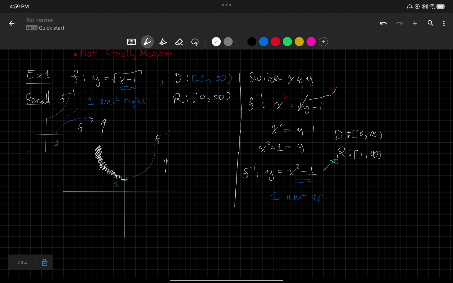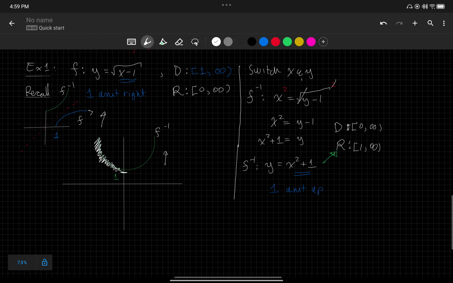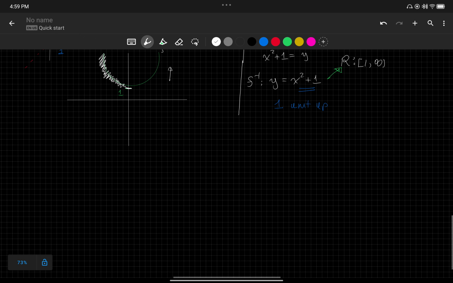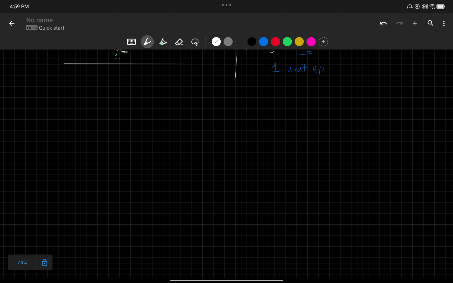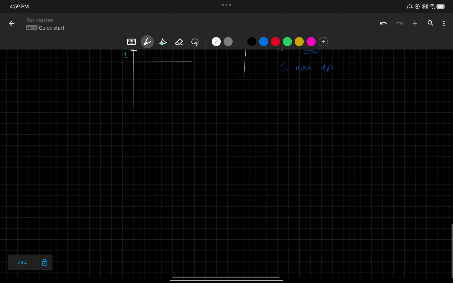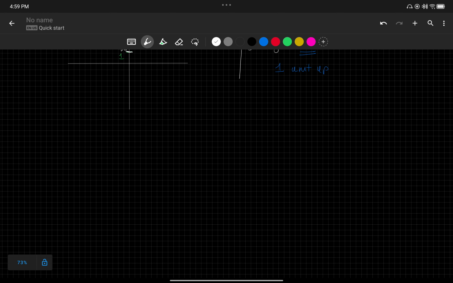All right, so now let's go back to calculus. The derivative of inverse functions. That's really what we want to focus our attention on. Derivatives of inverse functions.